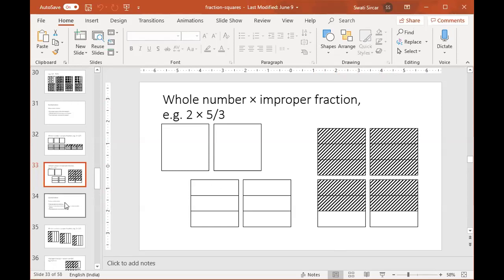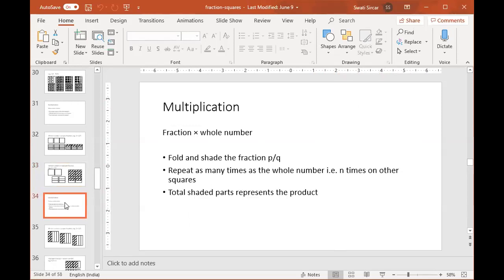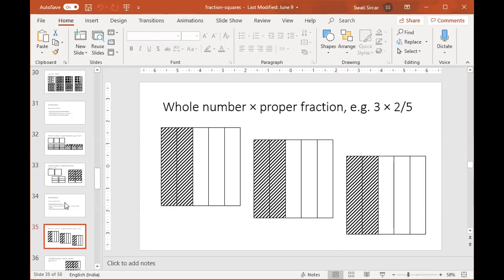Now, when you do fraction times a whole number, then it is like repeated addition.